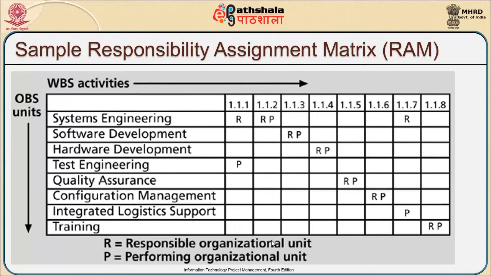If you look at this matrix, this is called a responsibility assignment matrix. If you look at this sample responsibility assignment matrix at various levels, starting from system engineering, software development till the training, what kinds of responsibilities have been considered, these are supposed to be the responsibilities, and at what level in terms of the breakdown structure it stands. On your row side we have the work breakdown structure, on your column side we have organizational breakdown units.